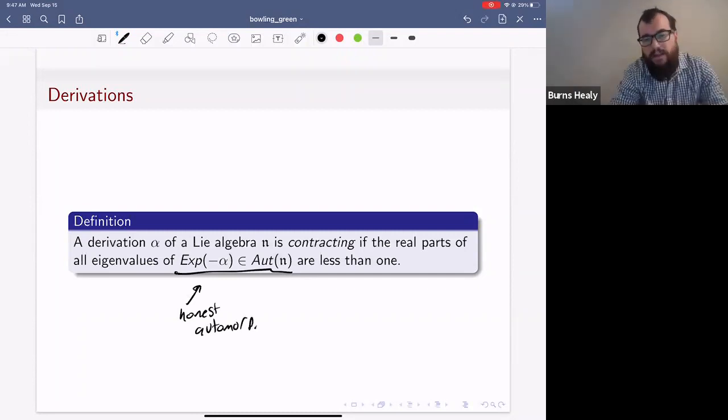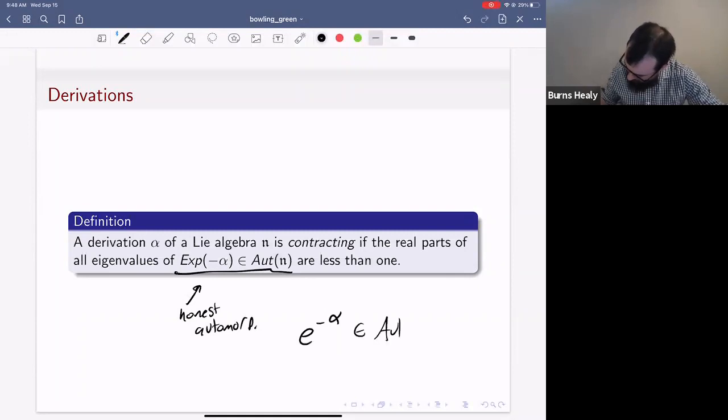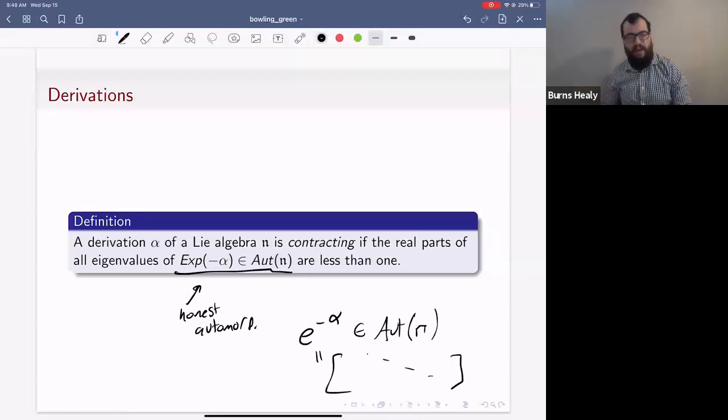And remember what I said: when I exponentiate this, I can think of this in Aut(N), and in particular, I can think about it as a matrix. I'm looking at Lie groups over R, so I can really think about it as this real valued matrix expression, okay?